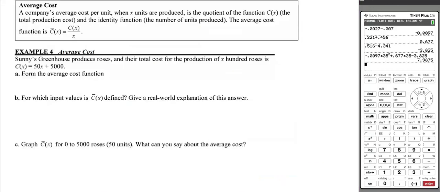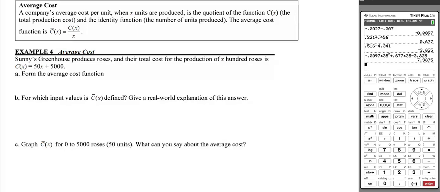Average cost. A company's average cost per unit when X units are produced is the quotient of the function C of X, which is the total production cost, and the identity function, the number of units produced. So the average cost function is C bar of X equals C of X over X. Example 4, average cost.